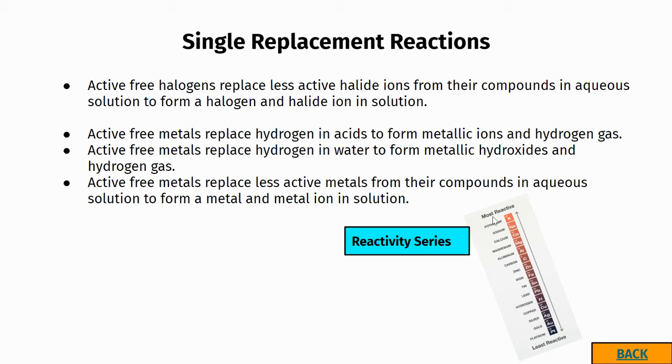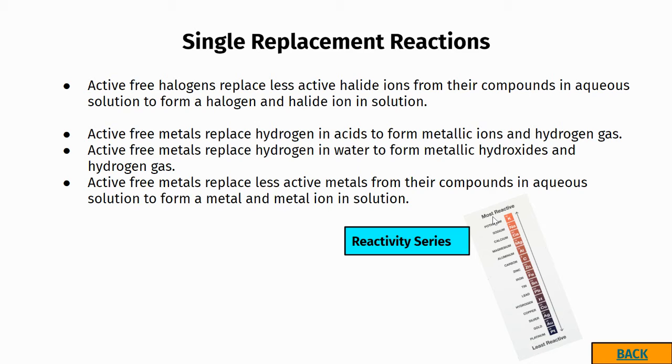So a single replacement reaction, you can have several things happening. You can have a more active halogen replacing a less active one in a compound. So that would be anion replacing anion. You can have a metal replacing hydrogen in acids, and it will form an ion and hydrogen gas.